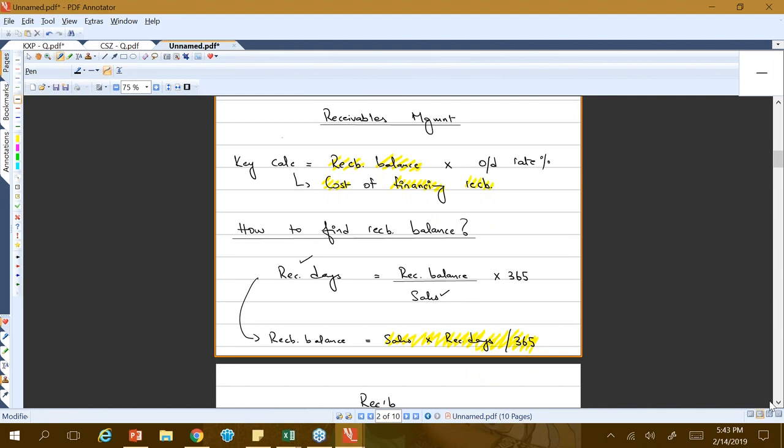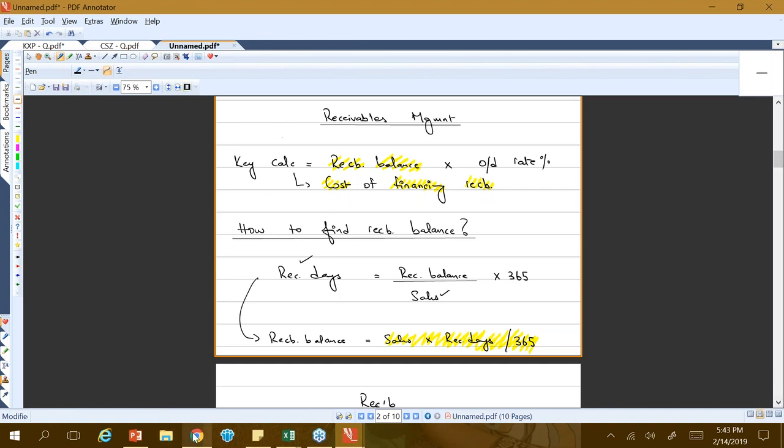That gives us the cost of financing receivables. And how do you find the receivables balance? We have the receivable days, we have the sales, and we can find the receivables balance, which equals sales into receivable days over 365. Please keep this one in front of you.